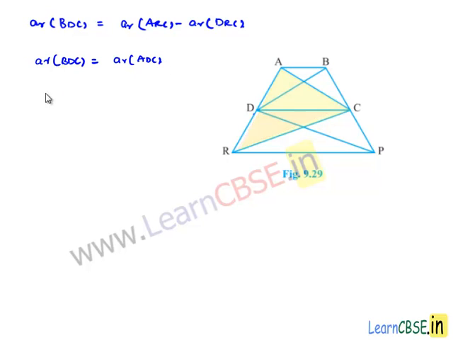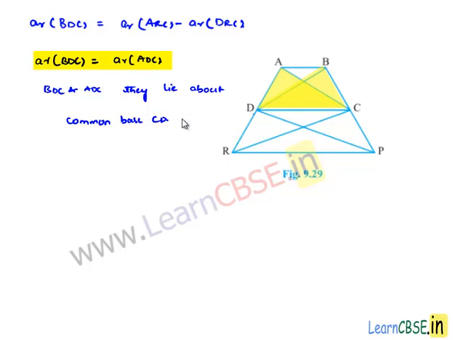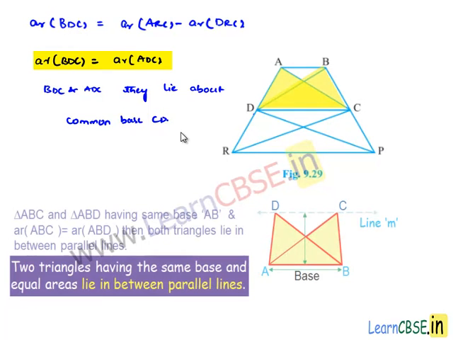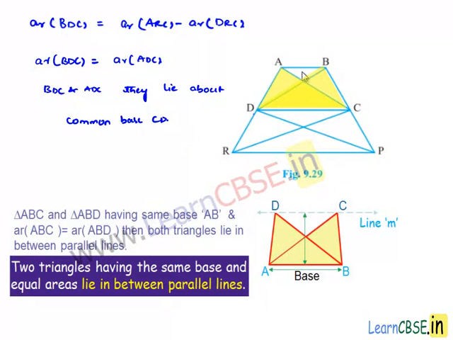Now if we consider BDC and ADC, they lie on the common base CD and between the two lines AB and CD. If the areas of two triangles lying on the common base are equal, then the two lines between which they lie must be parallel.